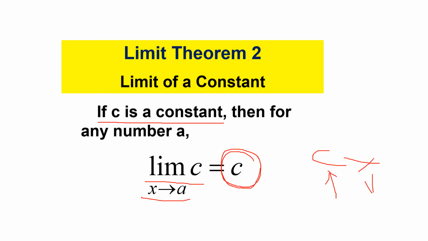This is your variable x. But if you look at this one, there is no variable involved. So whatever the value of your constant, if you're asked to find the value of the limit of this constant when x approaches a, that will be equal to the value of that constant, because there is no variable involved in this limit.